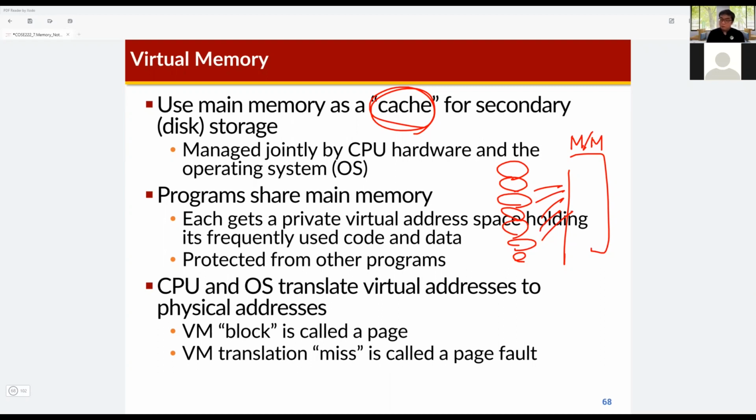So what's the problem? Let's think like this. This is application A and application B. Application A executes a load instruction, like load x1 with address 0x0100.